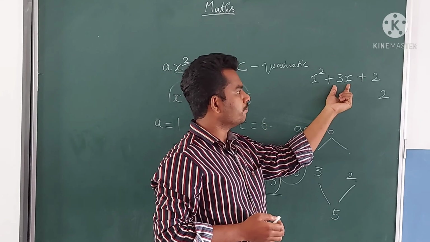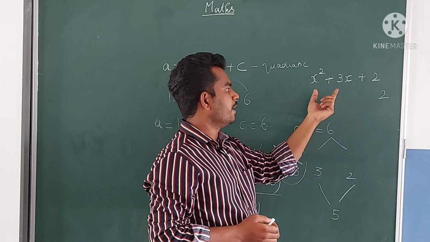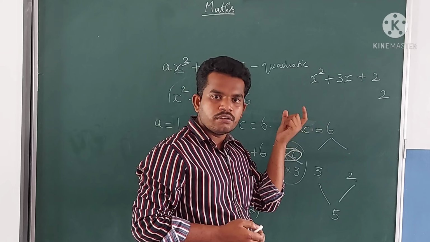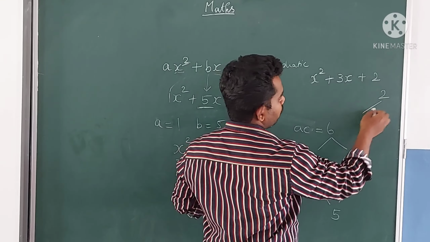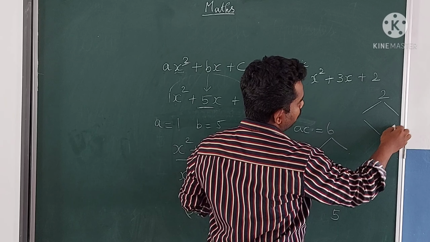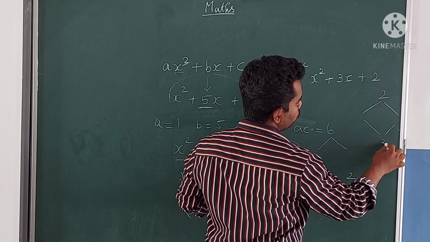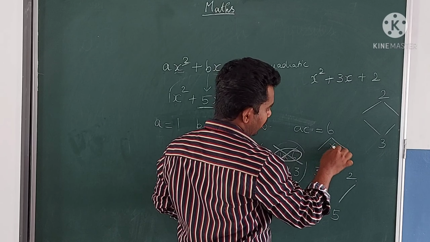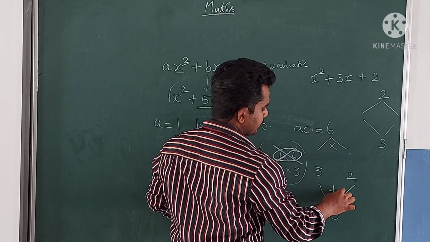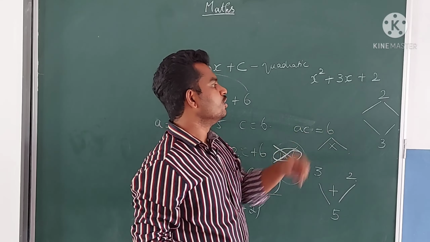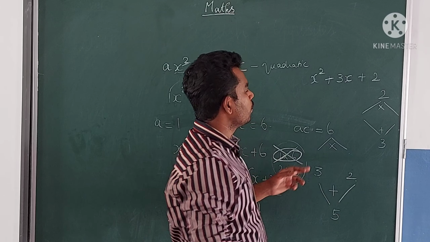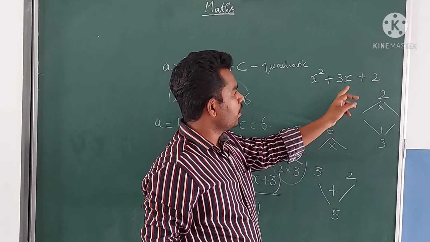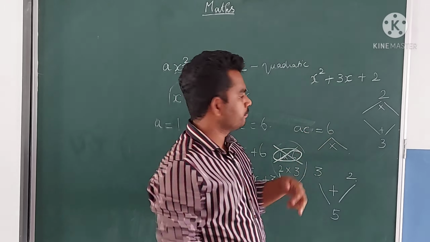What should the sum of the factors become? 3. So those numbers only you have to choose. Here product, here addition. So which are the numbers? 1 and 2.